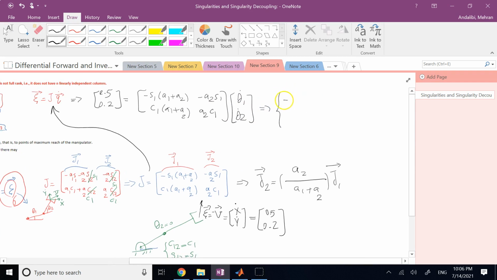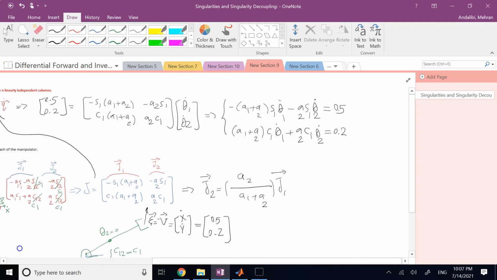Equation 1: negative A1 plus A2 times S1 theta 1 dot, negative A2S1 theta 2 dot is equal to 0.5. And then here you will get A1 plus A2 times C1 theta 1 dot, plus A2 C1 theta 2 dot is equal to 0.2.